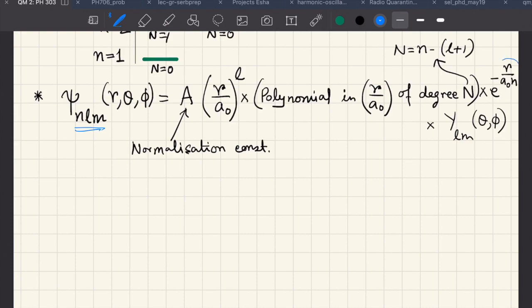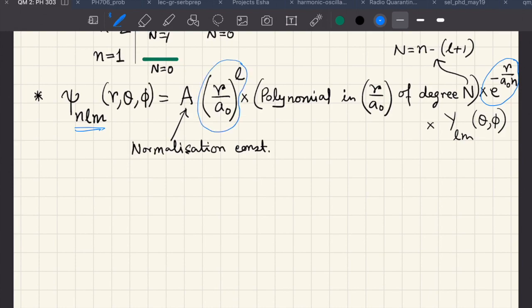For example, if you look at these exponential factors carefully, it will tell you what is the value of small n, the principal quantum number. The value of small l, the angular momentum quantum number, can be read from the radial prefactor. This is the radial prefactor.